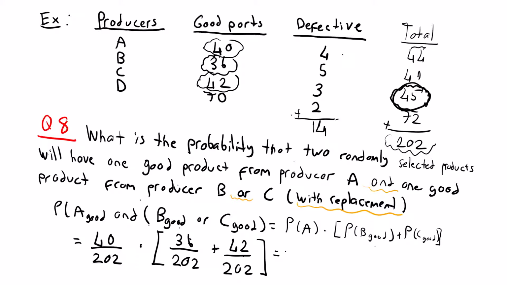That's 40 divided by 202 times 78 divided by 202. So the total is going to be somewhere around 7.6%. Okay. All right. So this is it for this part.